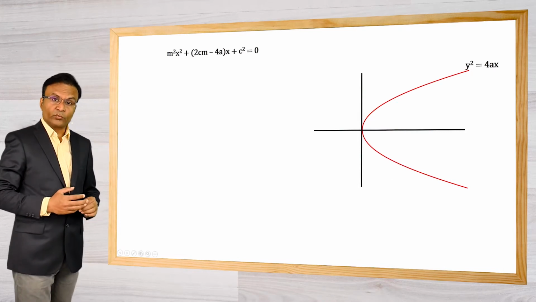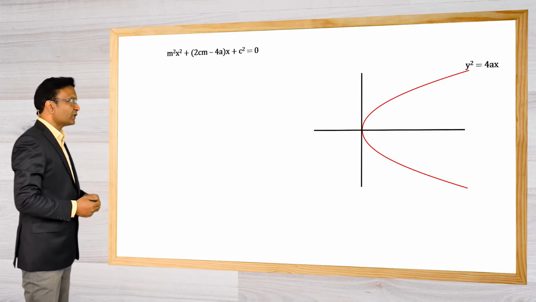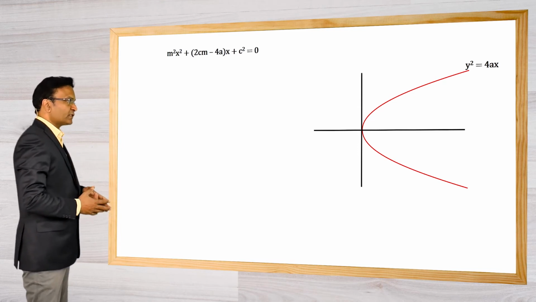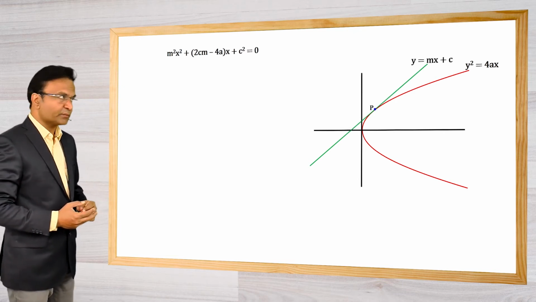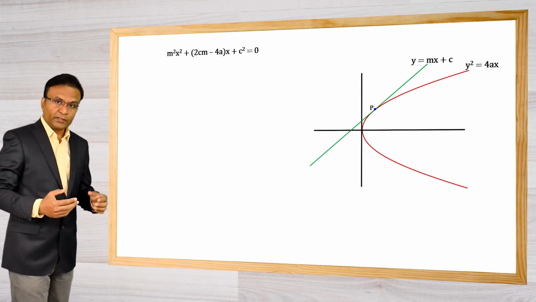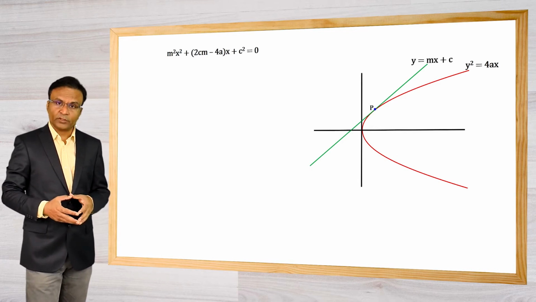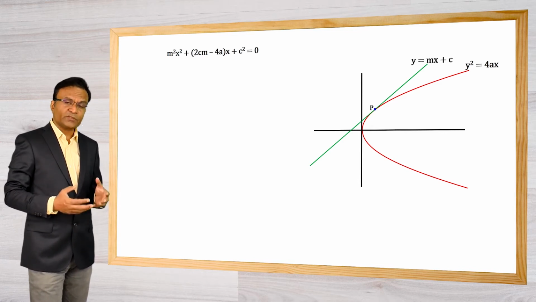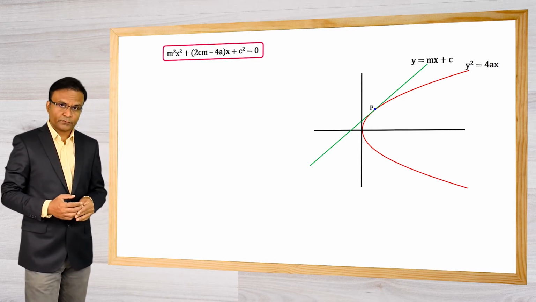Now consider the most important case, case number 3, in which position of line is like this, where line is touching the parabola at point P. Now here, since there is only one common point for line and parabola, this means this quadratic equation gives only one value of x.